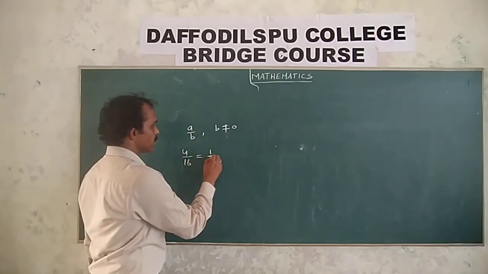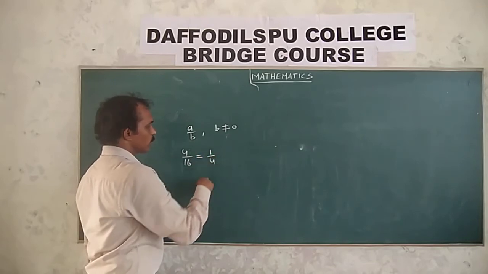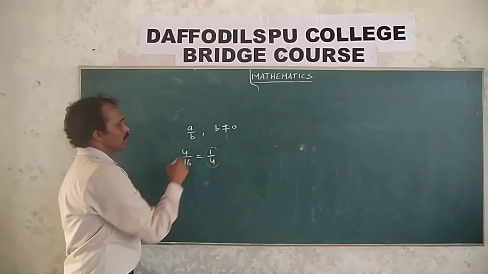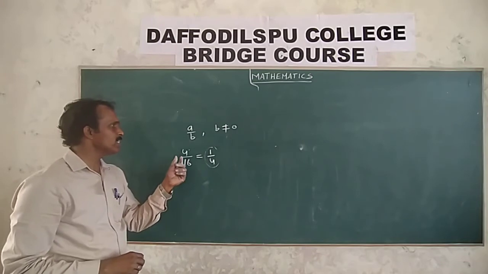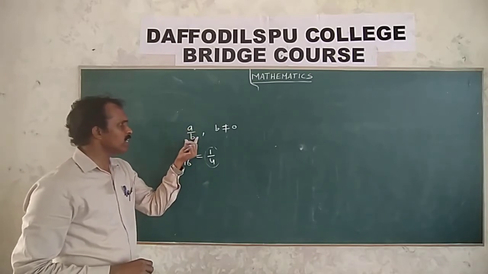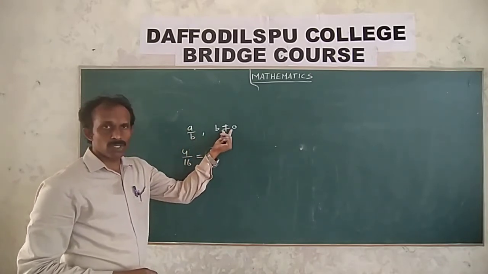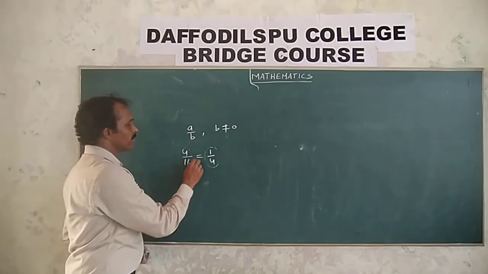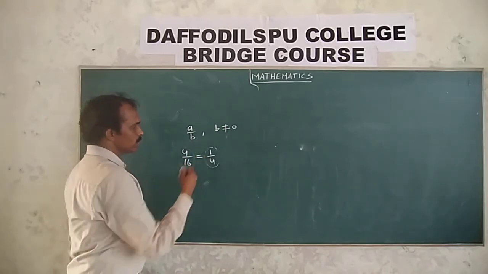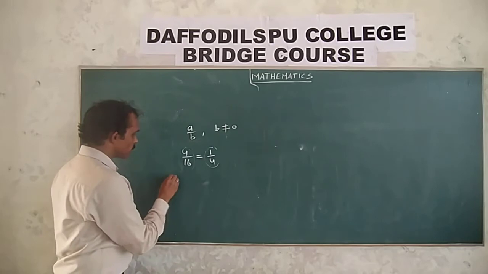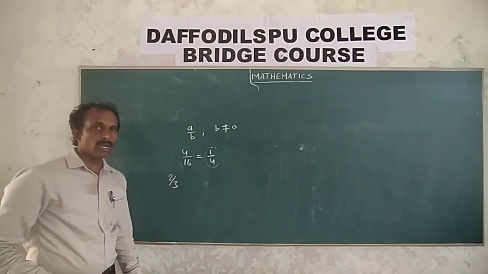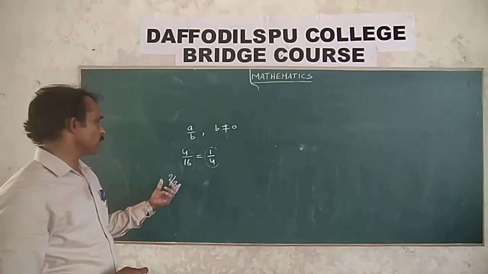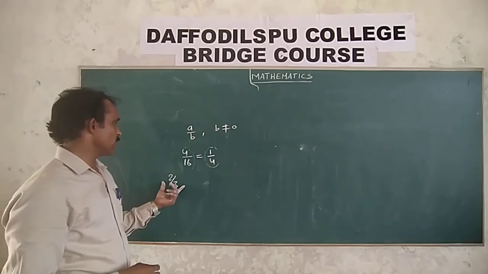What is the common factor? 4 ones are 4, and 4 fours are 16, so 1 by 4. So like this, a rational number is in a by b form with denominator not equal to 0 and no common factor except 1. For example, 2 by 3, there is no common factor. This type of number is also called a rational number.